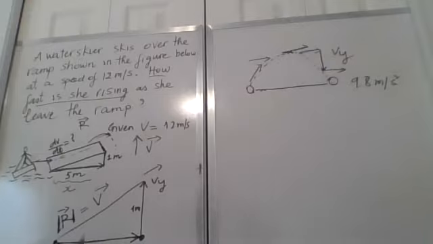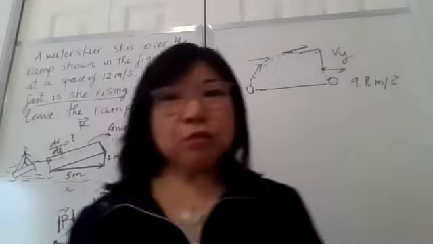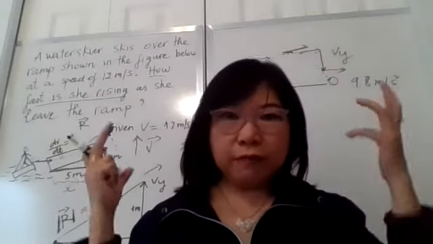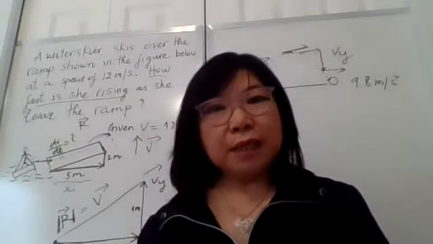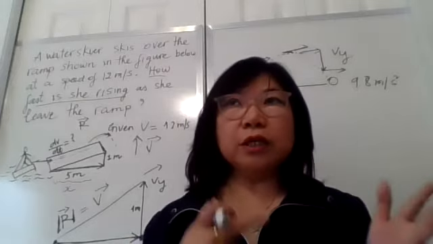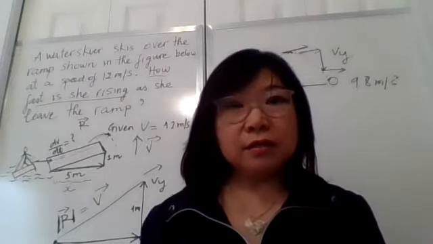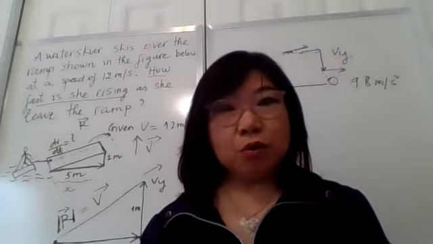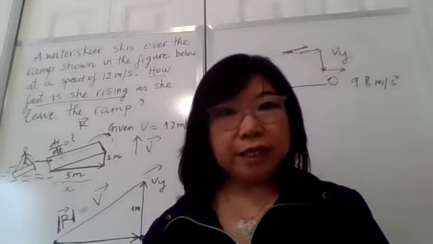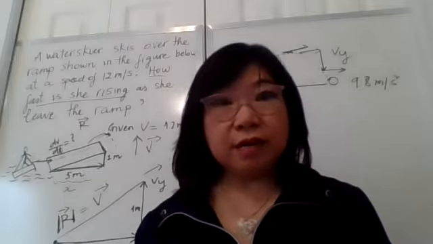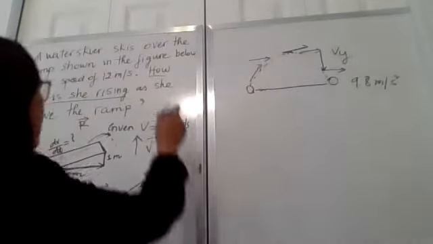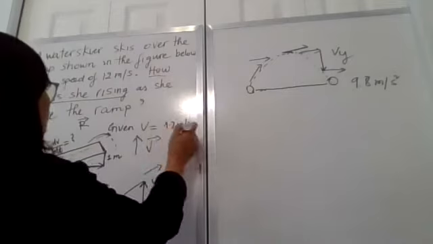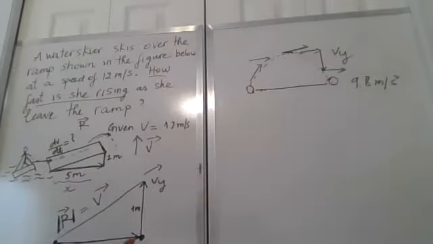Now, when it involves the rate of change, how fast or how slow, usually we calculate the vector component with respect to time. So we're talking about dv over dt, as well as the components dy over dt and dx over dt. Now let's check, given the velocity of 12 meters per second.